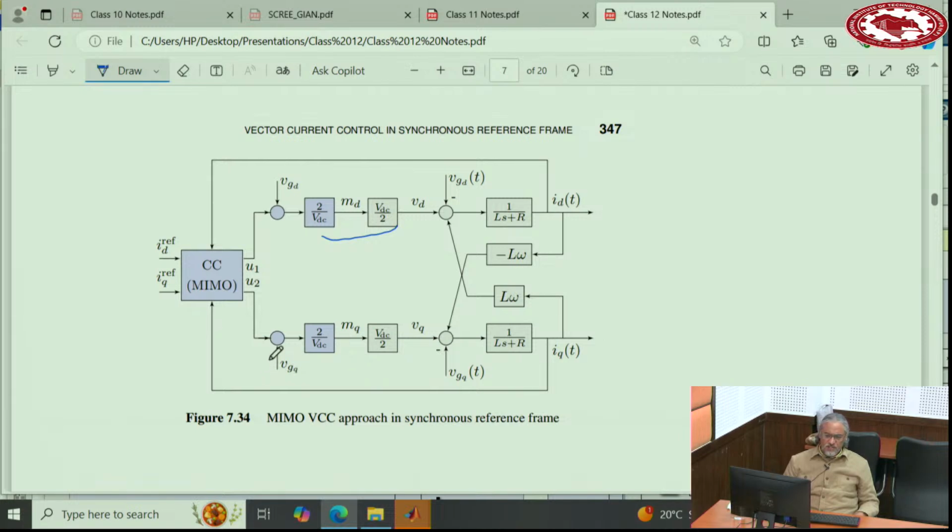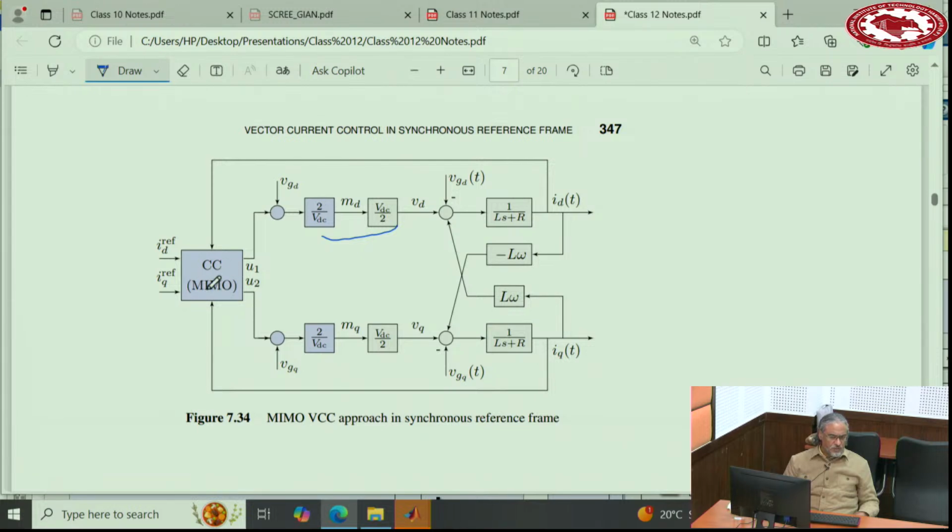But by the way, if you are taking this VGD and VGQ from PLL, which in this case we are doing, you don't need to put filters on them because PLL itself operates as a filter. So now, because we do not remove the couplings, we say I will put a current controller that has two inputs and has two outputs.